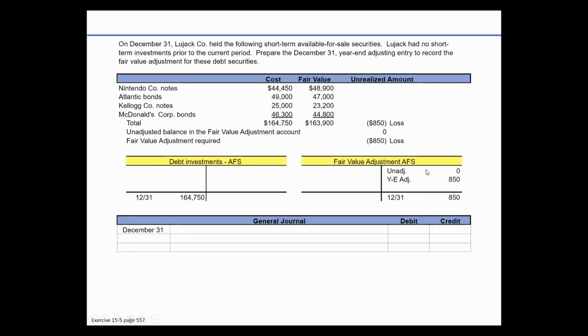There wasn't anything in there before. If there had been, then you would have to take that into consideration, the previous balance that was there. So we have an unrealized loss on equity, the amount of $850 debit, credit to the fair value adjustment AFS for $850.